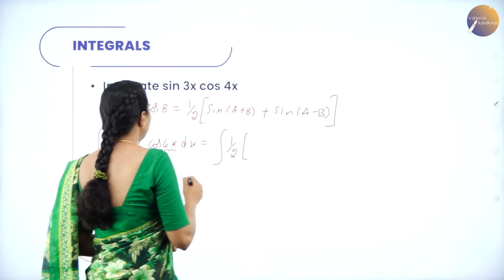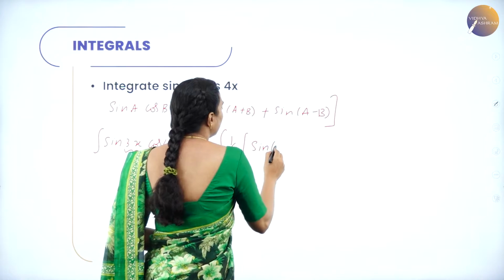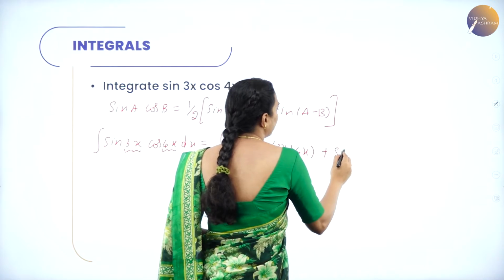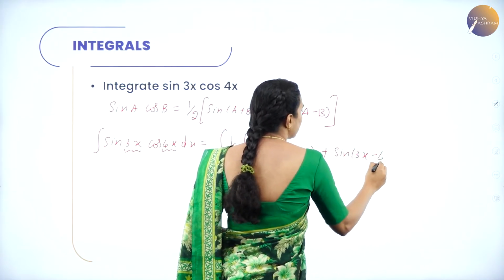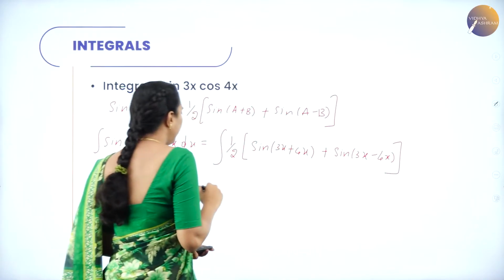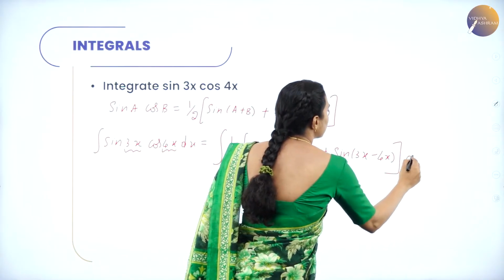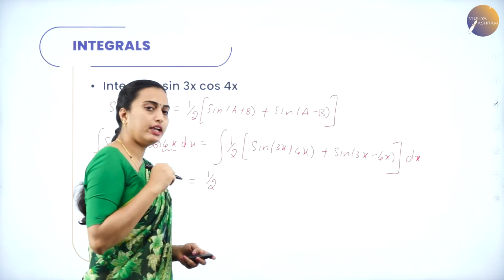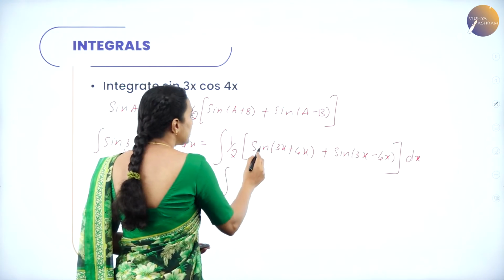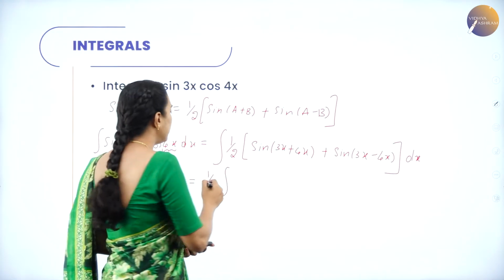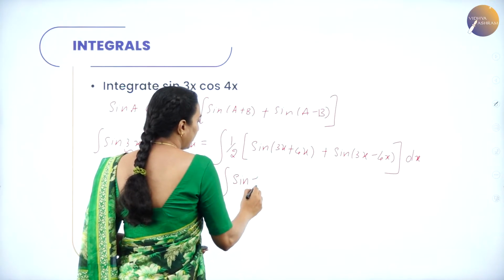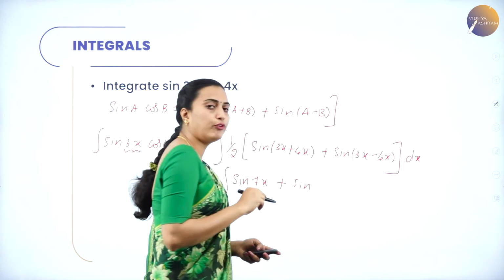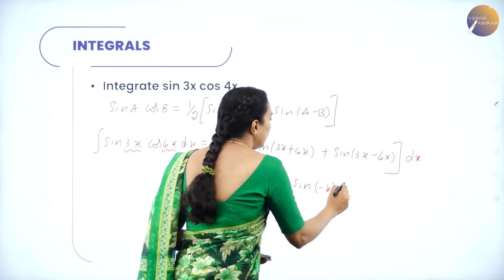According to the formula, if you substitute, sine of 3x plus 4x plus sine of 3x minus 4x into dx, which implies half, you can remove outside the integral, half integral of sine 3x plus 4x is nothing but sine 7x, plus sine of 3x minus 4x is nothing but minus x into dx.